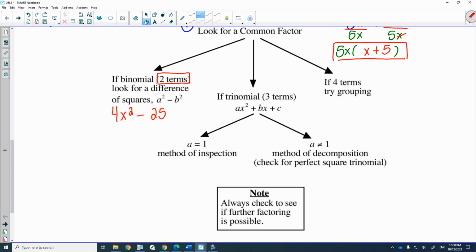So if you identify it to be a difference of squares, what you do is you set up your two brackets, and your first bracket is going to get the square root of 4x squared, which would be what? Sorry? 2x. And then Michaela, the square root of 25 is 5. One gets a plus and one gets a minus.